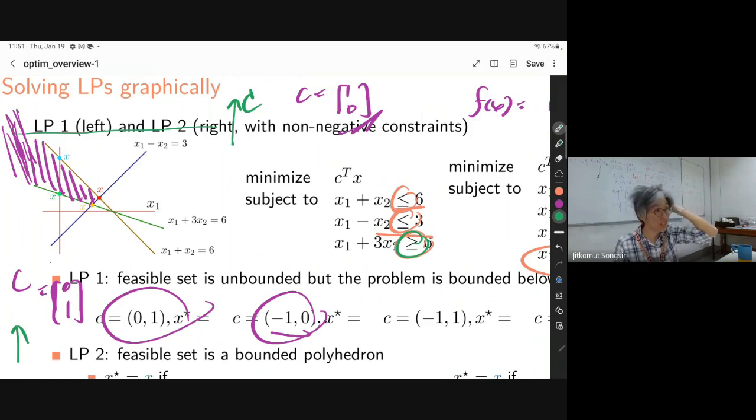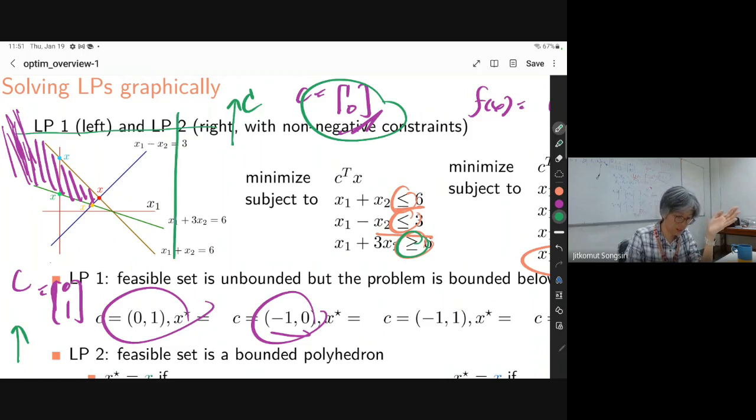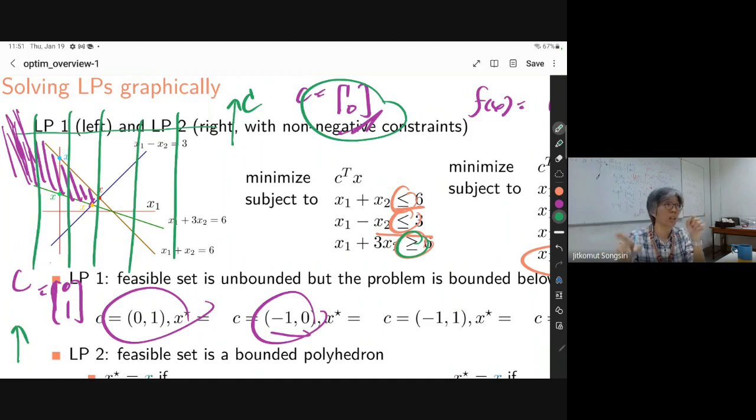So the level set is still going to be a line. Vertical line, right? The gradient, the vector C is in 1, 0. Left or right? The vector C is pointing toward the right. So the smaller the function values, the further left you move.